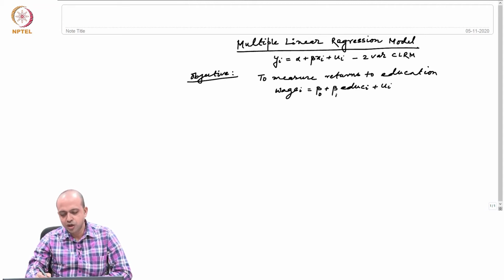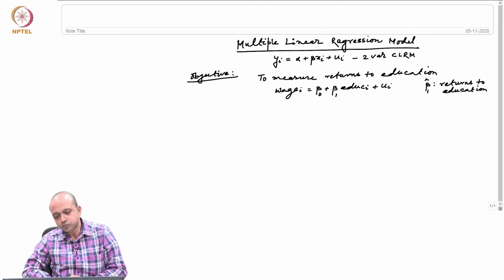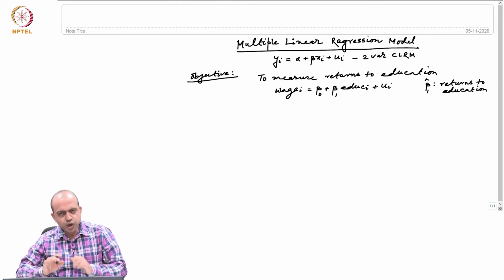Obviously, here your beta hat would tell you, for a unit change in education, what would be the additional change in wage on an average. So, beta 1 hat will give you returns to education. This is the model we have learned so far.